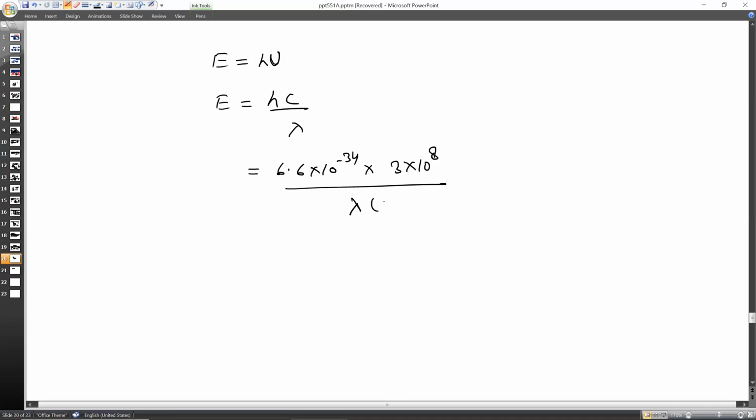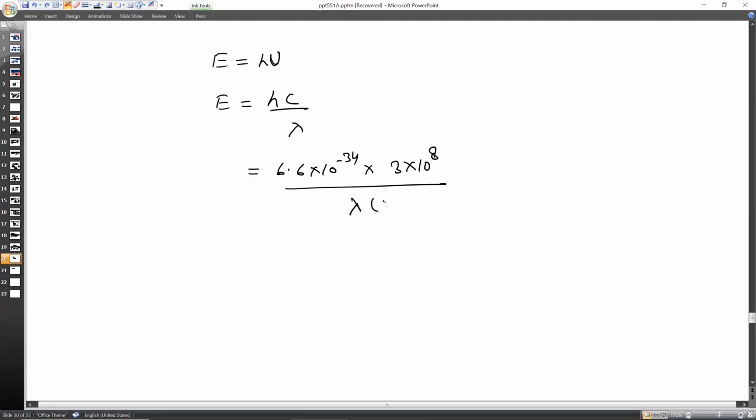Generally the unit for wavelength is meter, but in numerical problems we often have the wavelength in angstrom.